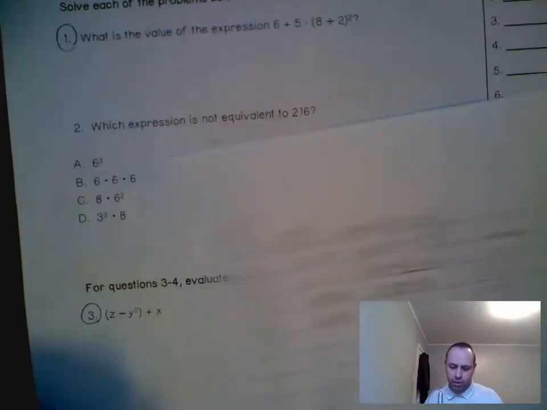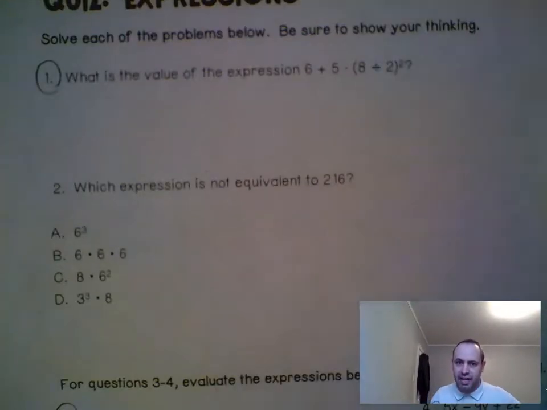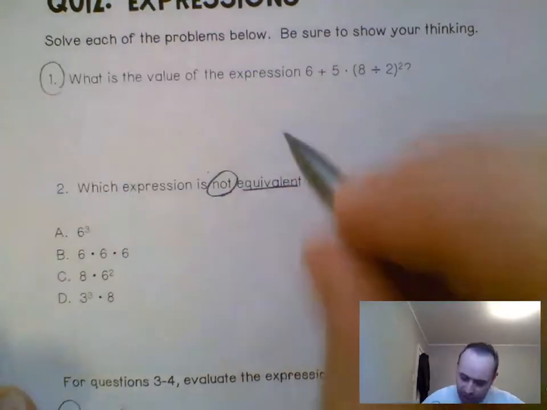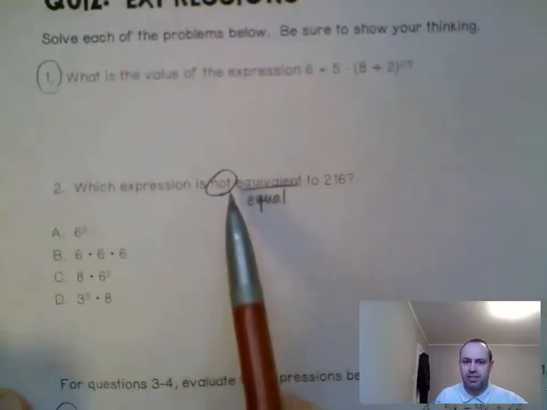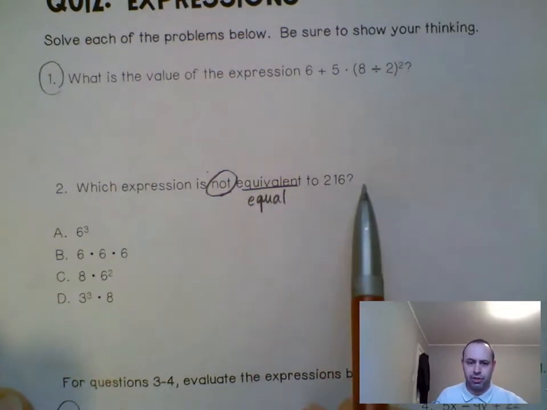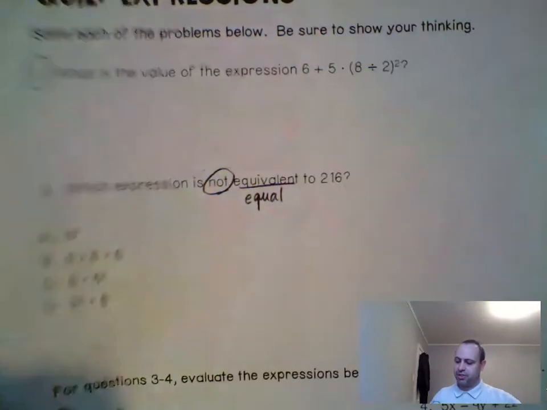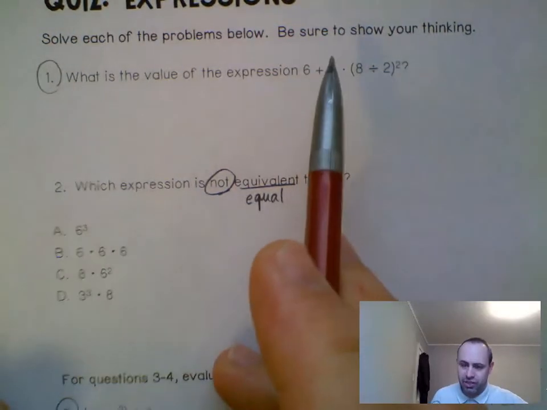All right, number 2, you're going to do on your own. It says which expression is not equivalent. So not equivalent means not equal. Which one of these is not equal to 216? Okay, so 6 to the third would just be 3 6s, kind of like what we just did up here.